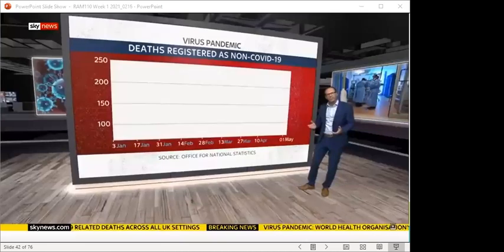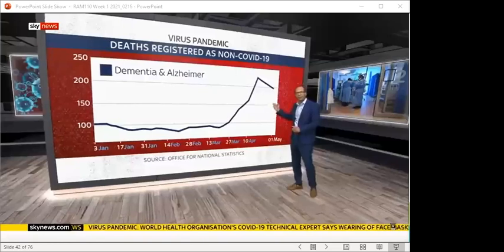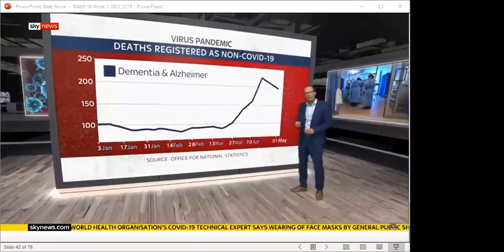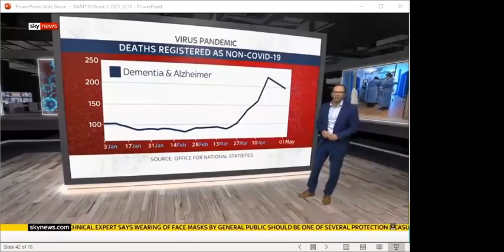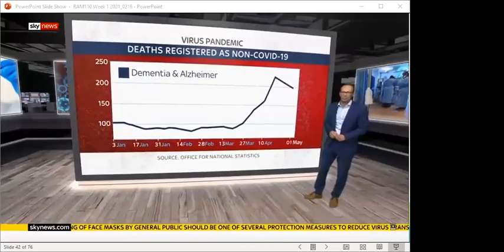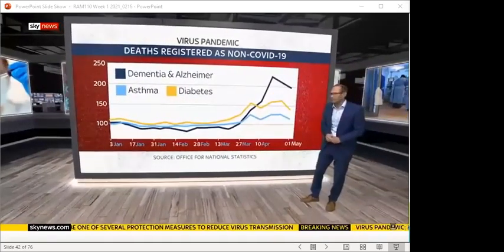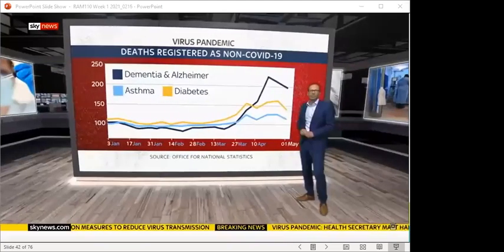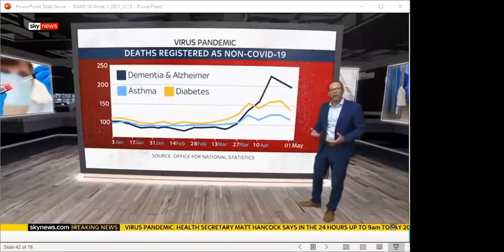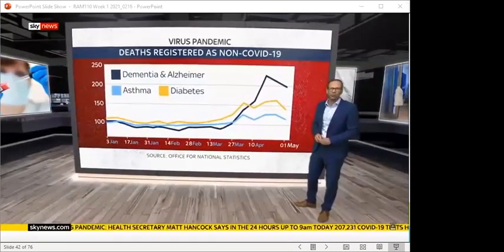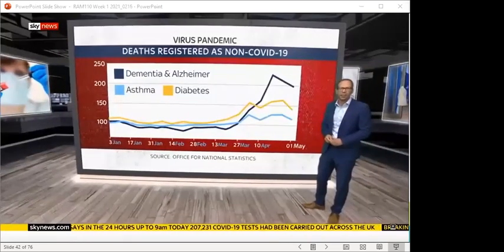Of these, the biggest increase over the long-term average was in deaths attributed to dementia, up 52%. It's likely that these were care home residents whose lives were cut short by the virus, even if that wasn't reflected on their death certificate. And there's also been a big increase in deaths from causes such as asthma and diabetes. In mid-April, they spiked at 197% and 161% above average. And they were outside hospital, so it's likely to reflect a reluctance to seek medical attention during the epidemic.